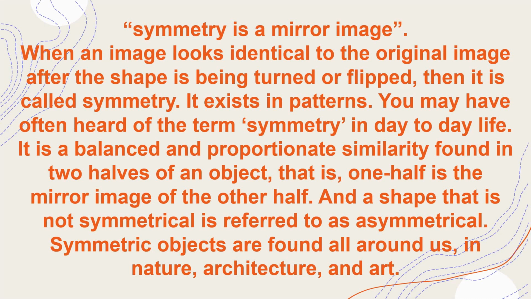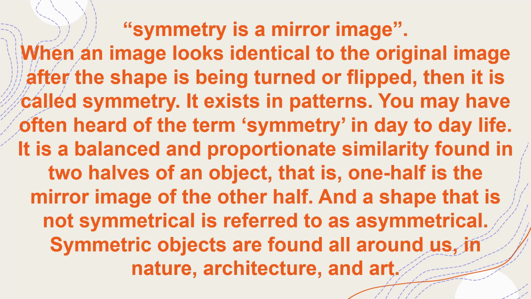It exists in patterns. You may have often heard of the term symmetry in day-to-day life. It is a balance and proportionate similarity found in two halves of an object. That is, one half is the mirror image of the other half, and a shape that is not symmetrical is referred to as asymmetrical.